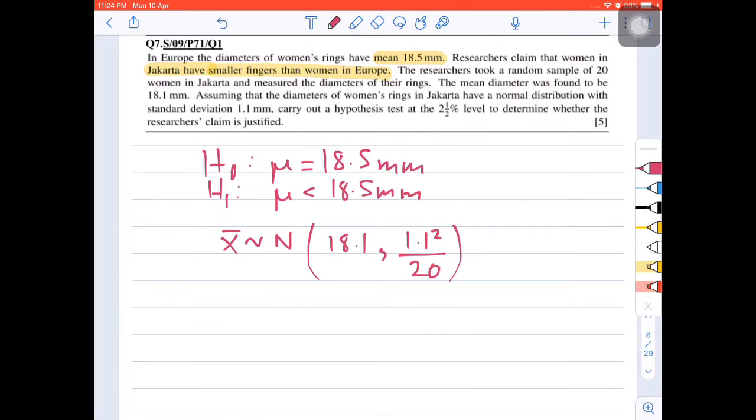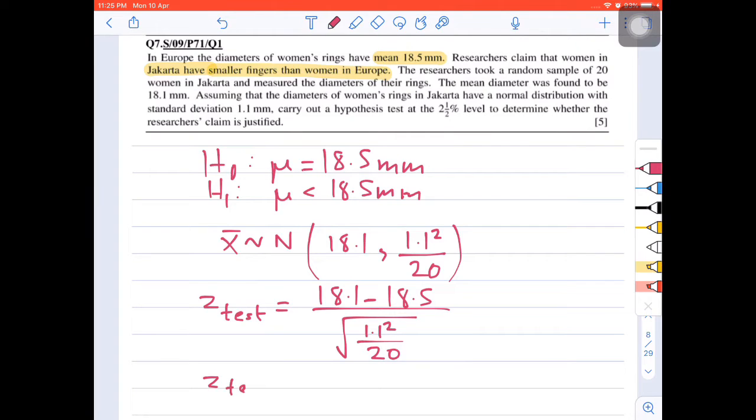Now to find the z-test value, the test statistic, that will be x bar 18.1 minus mu, that is 18.5, upon root of the variance. So z-test is equal to negative 1.626.